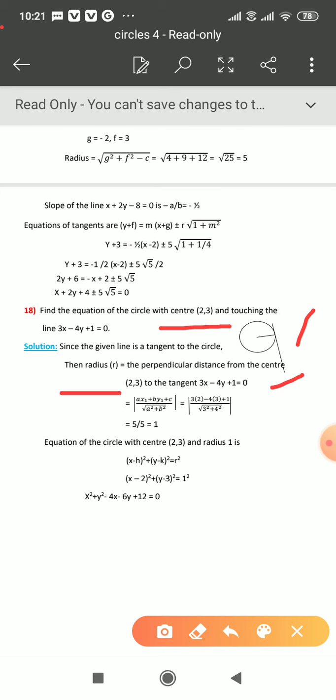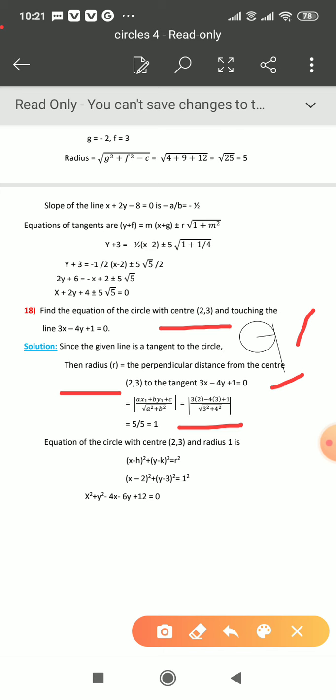Already we know from the first year straight lines chapter, the distance from the point x1, y1 to the line is nothing but modulus of a x1 plus b y1 plus c by root of a square plus b square. We apply that formula here. That means a x1 plus b y1 plus c means substitute the point 2, 3 into the given equation. So 3 into 2 minus 4 into 3 plus 1 by root of a square, where a is the coefficient of x, so 3 square, plus b square, where b is the coefficient of y, minus 4 whole square.